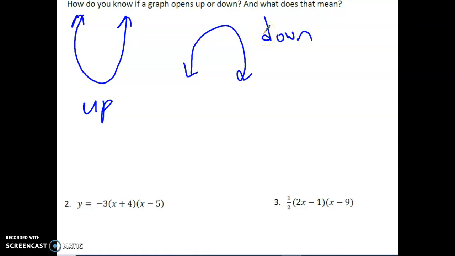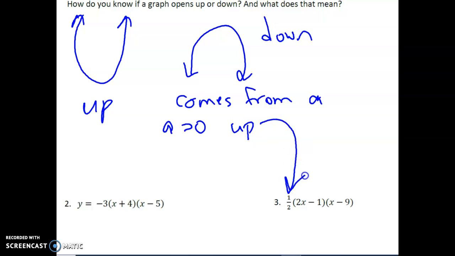And that comes from the A value. Make yourself a note of that. Remember that A that was in front of the parentheses, that tells us whether the graph should open up or open down. So if A is greater than 0, if A is positive, the graph is going to open up.